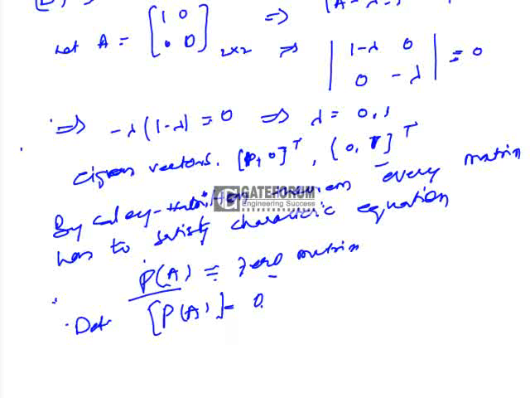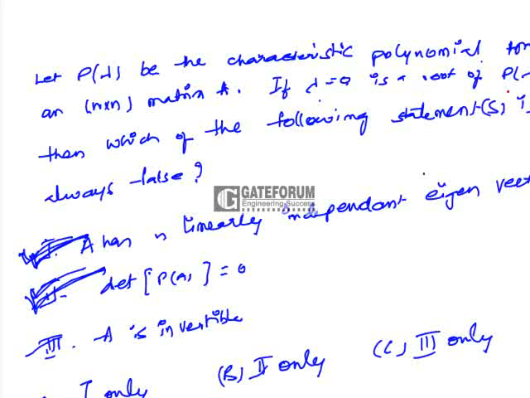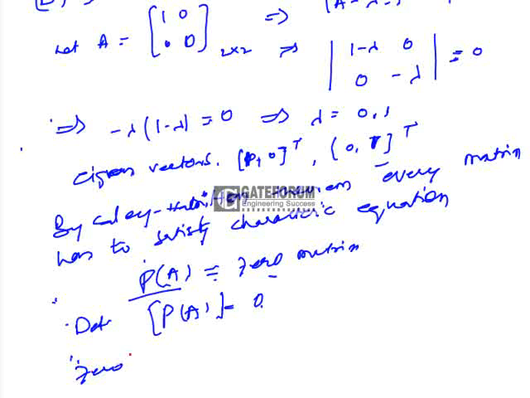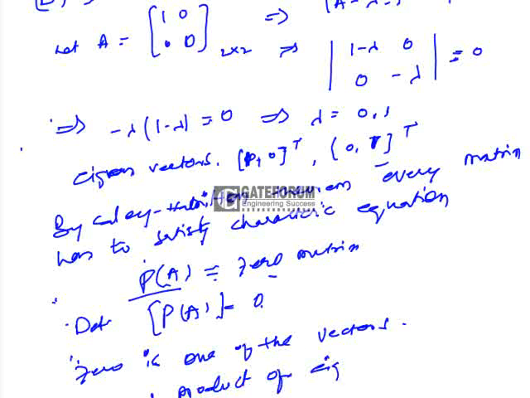Here it is given that lambda equal to 0 is a root of P of lambda, that means 0 is one of the eigenvalues. So the product of eigenvalues will be 0.